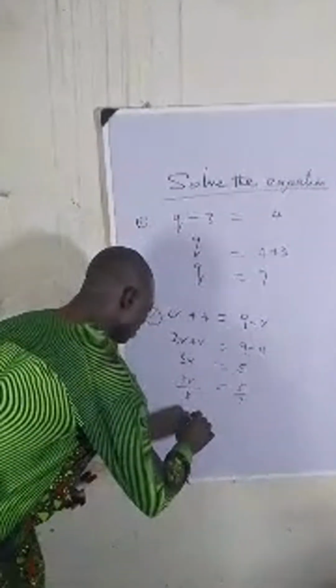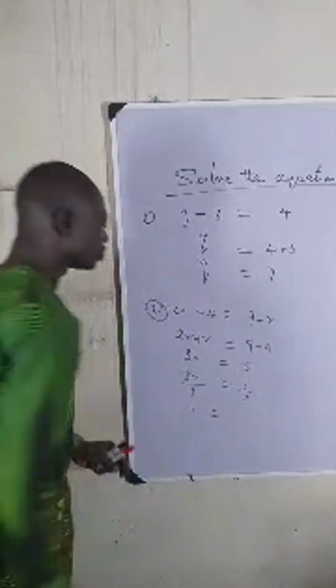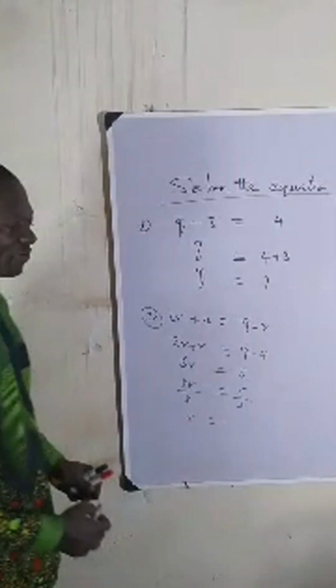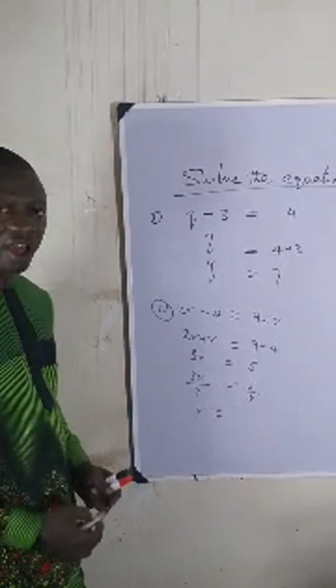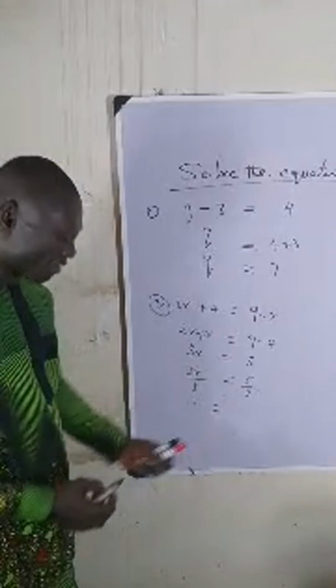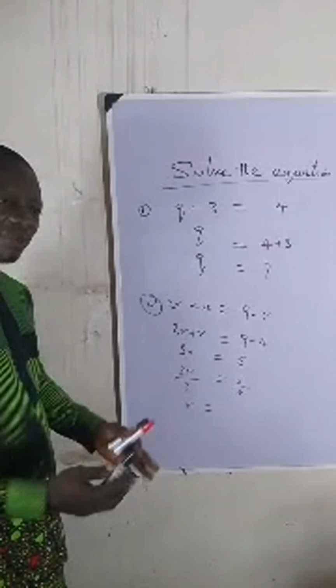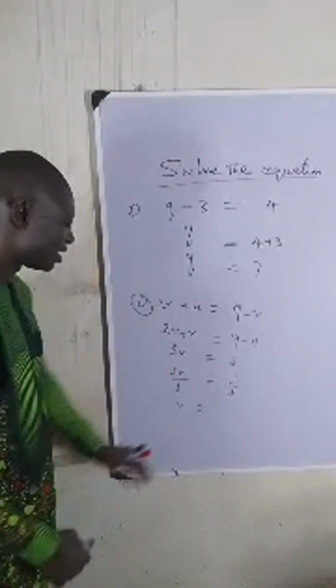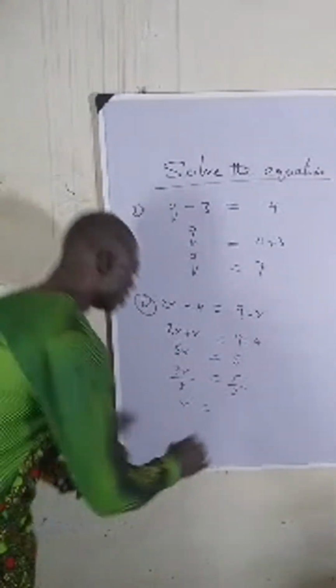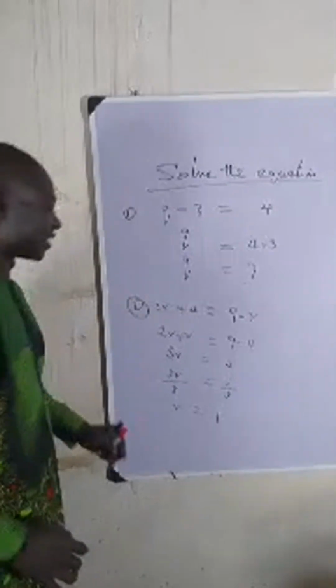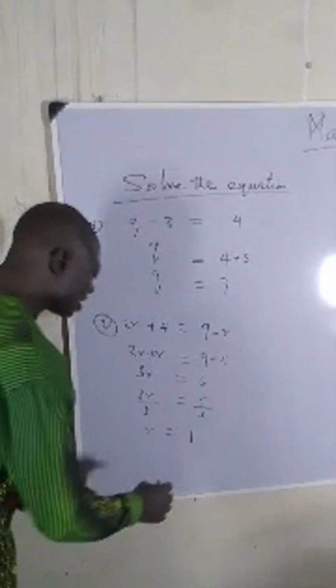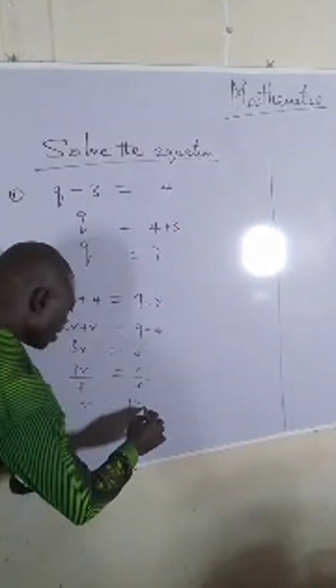And so R alone on the left hand side is equal to whatever we get from simplifying 5 over 3. If you leave it as 5 over 3, it is an improper fraction. But we can leave it as a mixed number: 5 divided by 3 will give us one whole number, remainder 2. When we have remainder 2, that becomes 2 over 3.